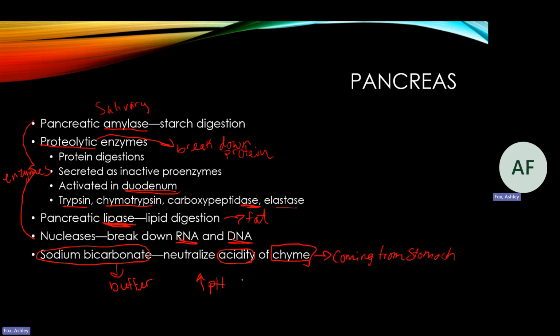If you do not do that, then you can cause erosion of the inner mucosa of the duodenum and cause ulcers. So without sodium bicarbonate, or if it's not functioning, you're going to get duodenal ulcers and damage to the duodenum because of that damaging pH. So you want to increase the pH using sodium bicarbonate.